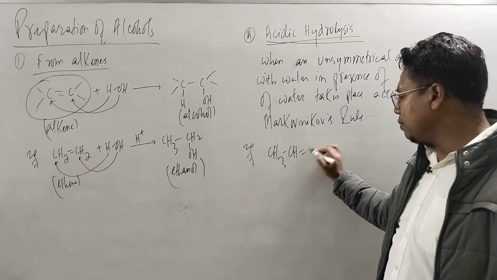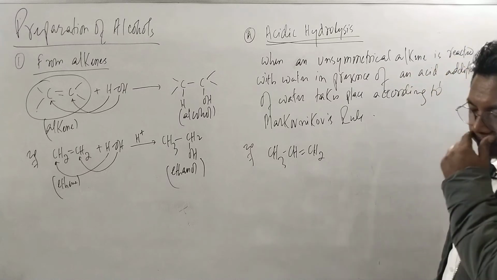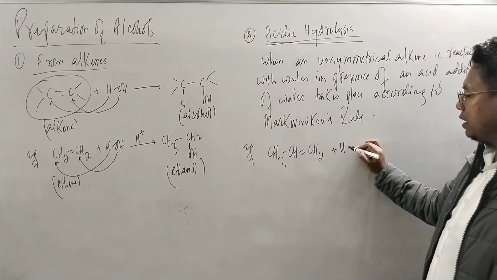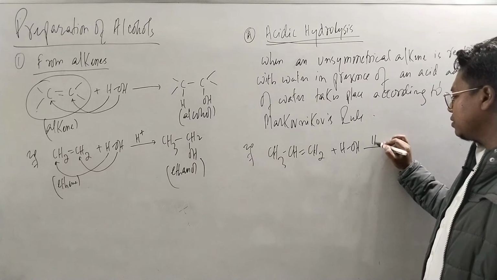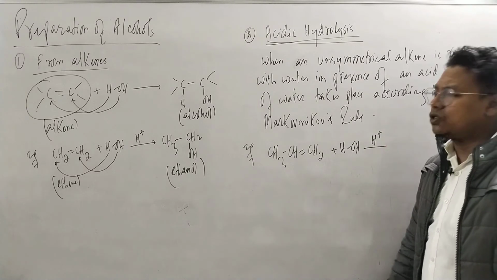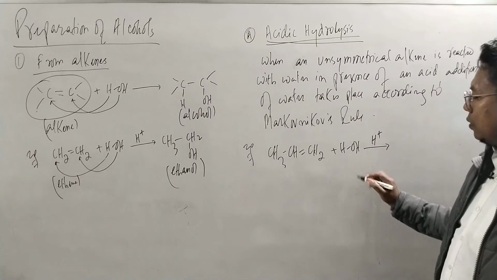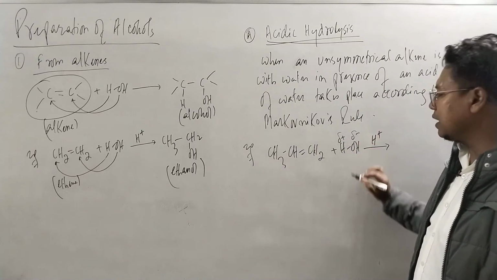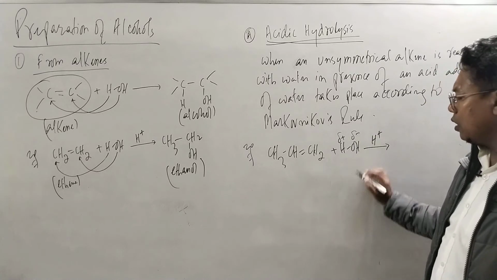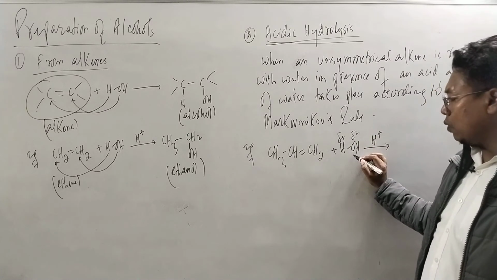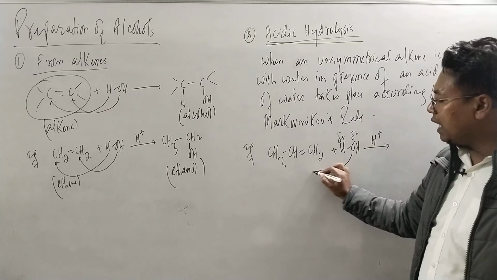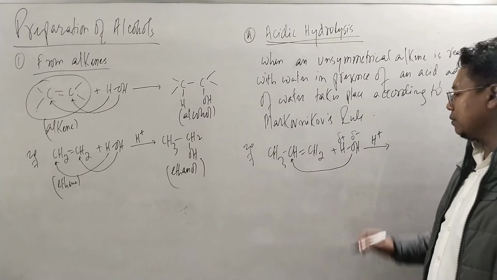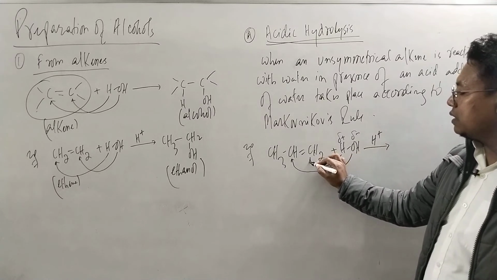CH3CH=CH2. This is an unsymmetrical alkene and water is added in presence of an acid. This can be H2SO4, HCl. This is partial positive, this is partial negative, and according to Markovnikov's rule, the negative part, which is OH here, will be added to that carbon atom having lesser number of hydrogen atoms, and the hydrogen will be added to this carbon atom.